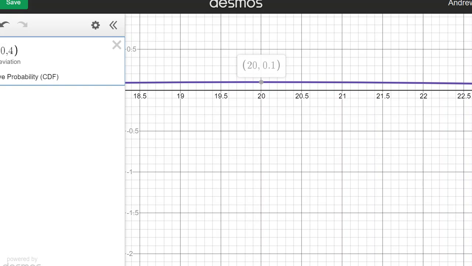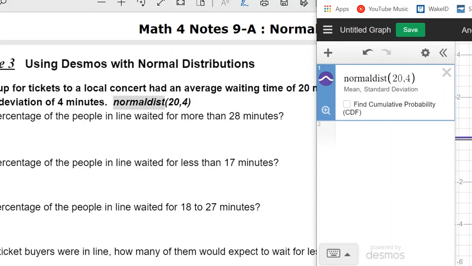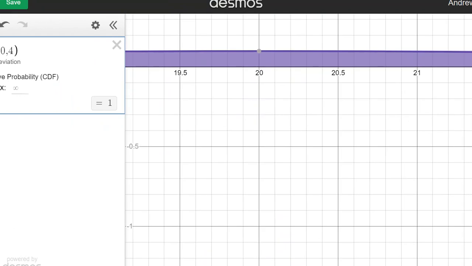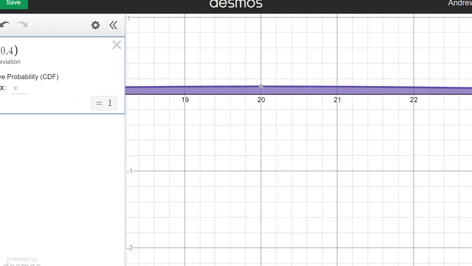That's what that is telling you. But when we start talking about find the, and I'm going to go back here and I'm going to click that box, find the cumulative probability from negative infinity to positive infinity. That's a 100% chance of all of it. But look at what happened to the graph. The graph shaded underneath the curve.